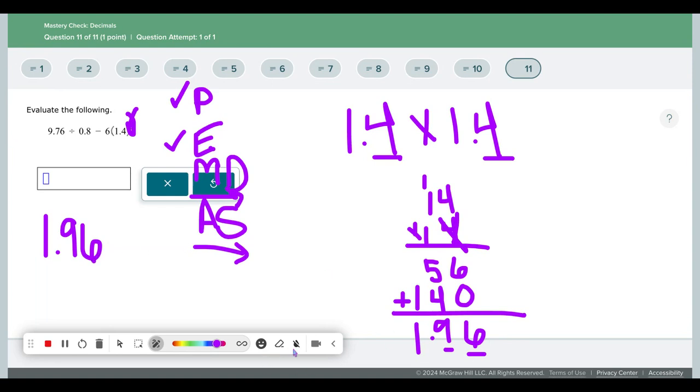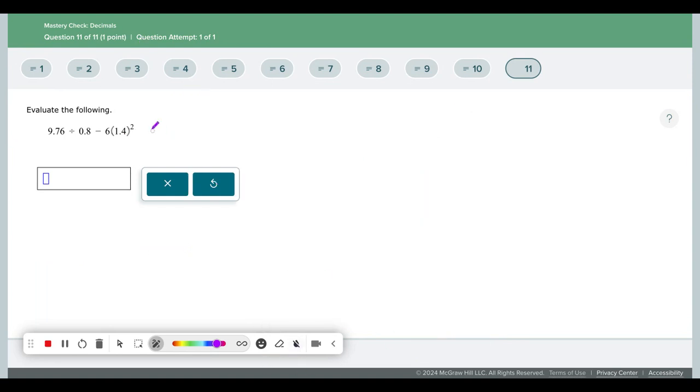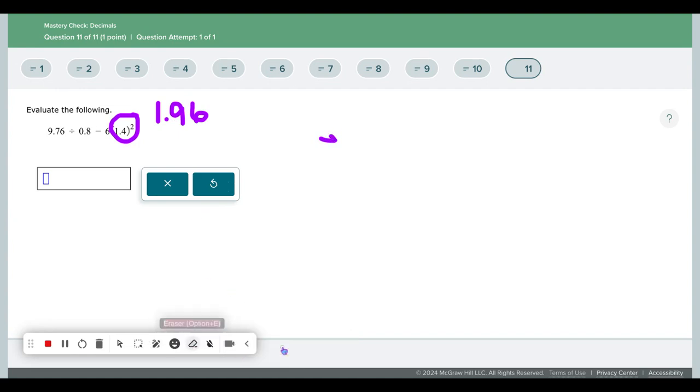Okay. So I'm going to erase all of that. This part right here is going to become 1 and 96 hundredths instead. All right.